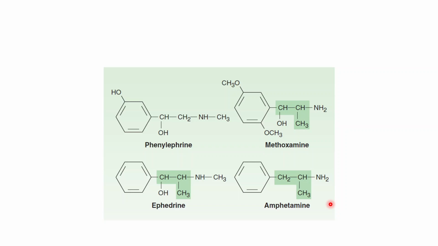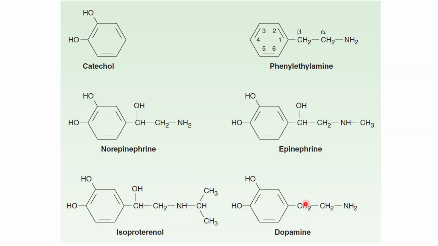Substitution on the beta carbon, a hydroxyl group, is typically present in the direct acting agonists, although dopamine does not have a beta substitution.